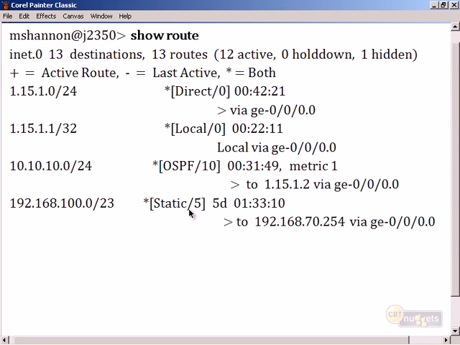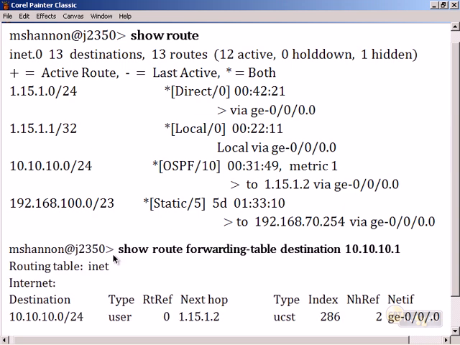So we see 4 different types: a direct entry, a local interface entry, a dynamically learned one, and a static entry. So these entries are analyzed, and all of the active routes, which all of these are with asterisks, are sent to the forwarding table. So the routing engine sends these to the forwarding table. Then the forwarding table is going to be handed off to the PFE, the packet forwarding engine.